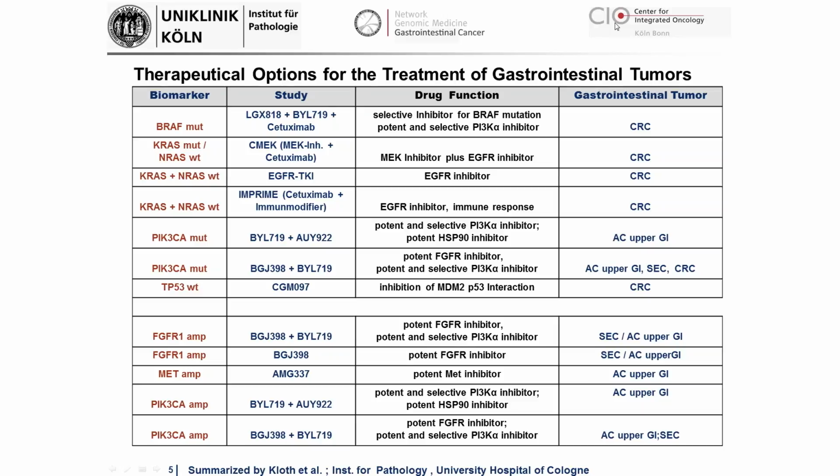different networks. This slide shows you the need of information of certain mutations or other genetic alterations for the decision of certain therapies to treat, here in gastrointestinal tumors such as colorectal cancer, adeno or squamous cancer, or cancer of the upper gastrointestinal tract.